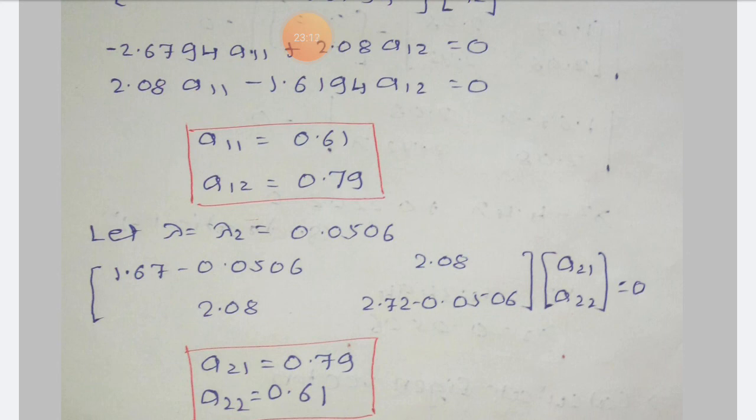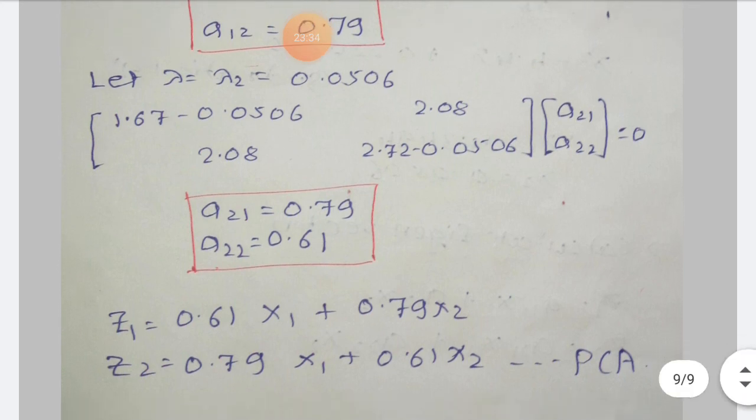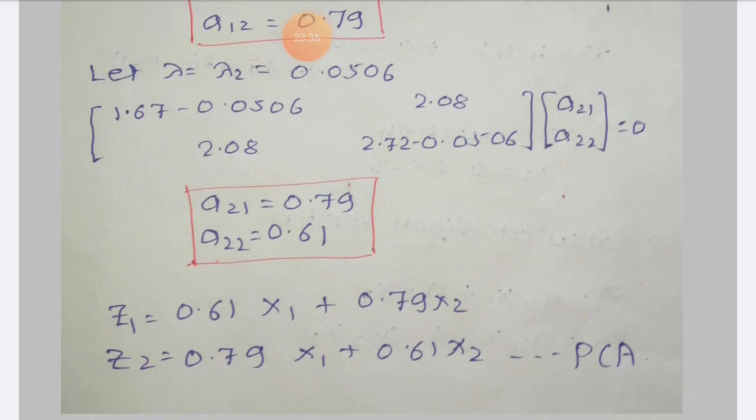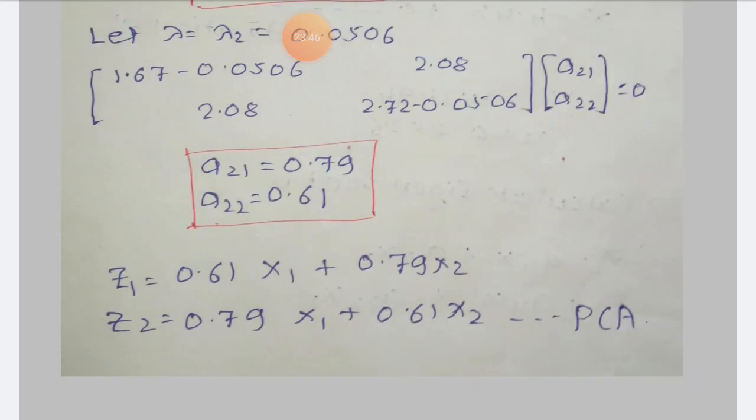After solving in a similar way, we are getting A21 is equal to 0.79 and A22 is equal to 0.61. Now I have all four values A11, A12, A21 and A22. Just put these four values in the equation of Z1 and Z2. So this is nothing but principal component analysis for the given data. Thank you.